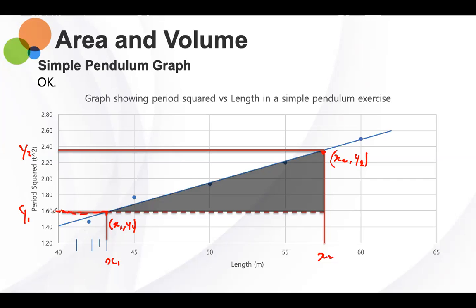The y1 was in between the 1.6 and the 1.4, sir. Yes, this seems to me like it's more on the line, right? It's more on the line. 1.6. Agreed? Are we all seeing that?